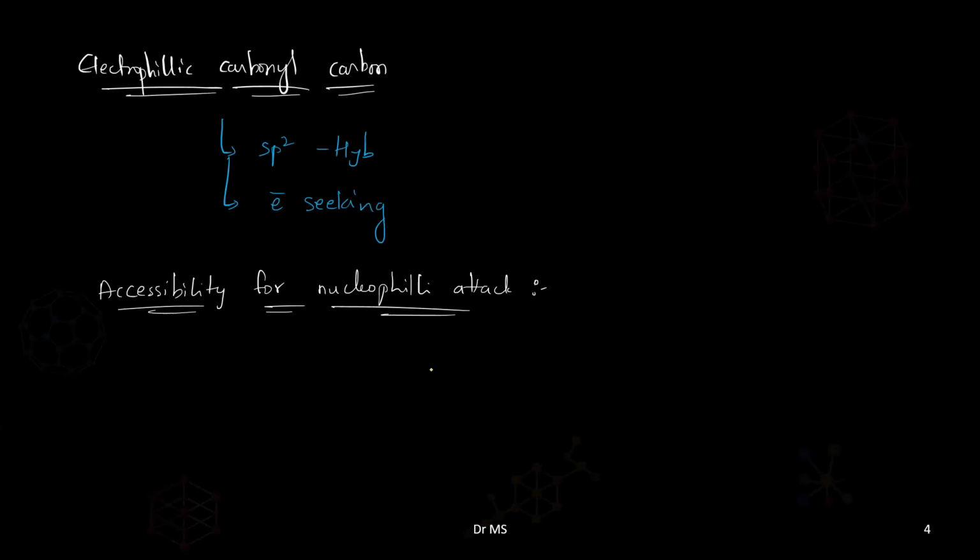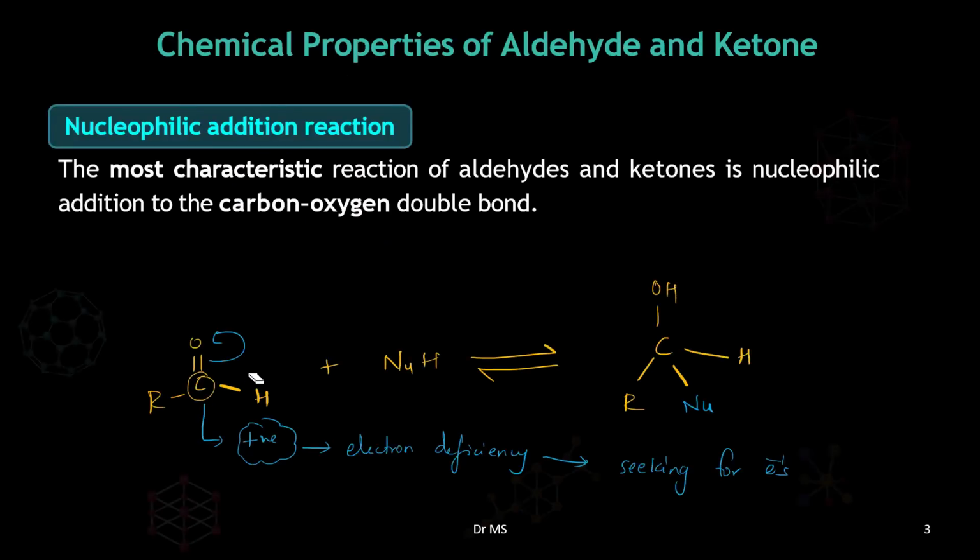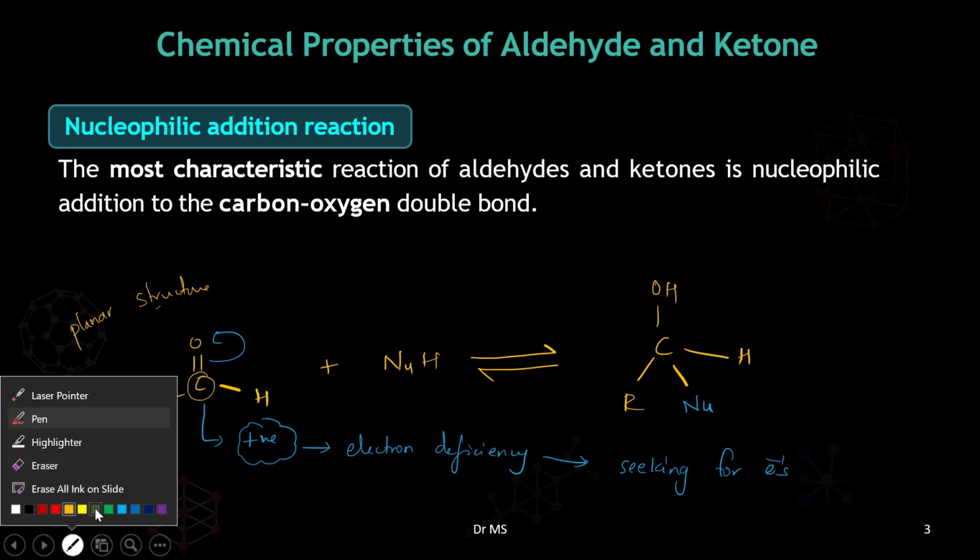We know this is a planar structure, yes or no? So know this, this is a planar structure. Due to the planar structure, in the carbonyl group, the carbon is relatively unhindered. What is the meaning of hindrance?